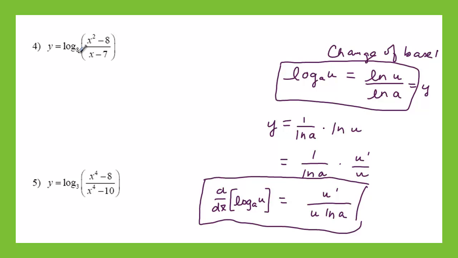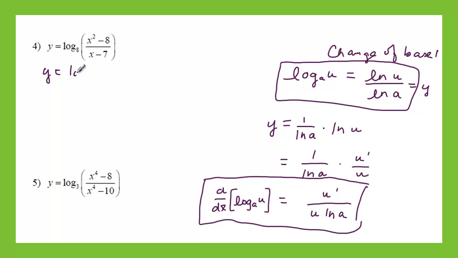Okay, so now taking this rule and applying it to our problem here in number 4, we have log base 8 of this function u. Thinking a step ahead, I certainly do not want to use the quotient rule when I go to find u prime. Just like our problems with natural log with a base of e, we used our log properties and rewrote this before we took a derivative. So we're going to do that here too.